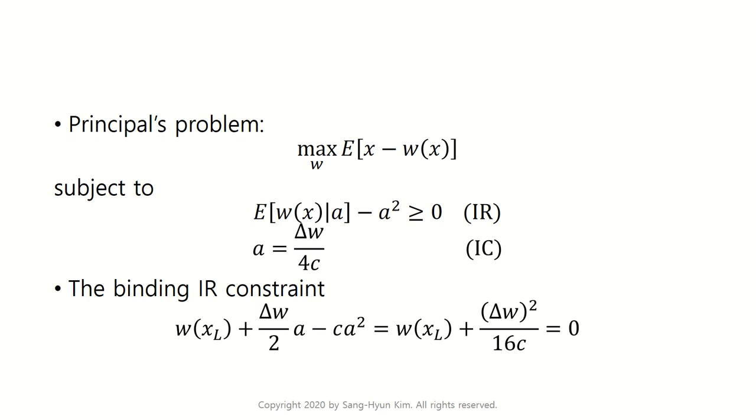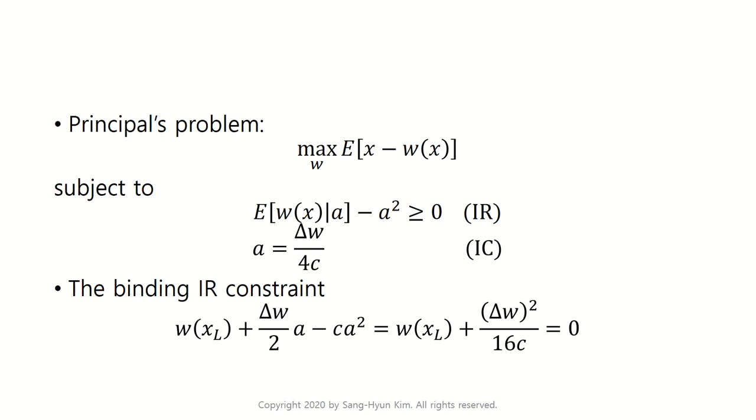In the equation at the bottom, the very last, the left hand side is the expected utility of the agent, right? So WL plus delta W over 2 times A minus C times A squared. So this is the expected value of the agent.